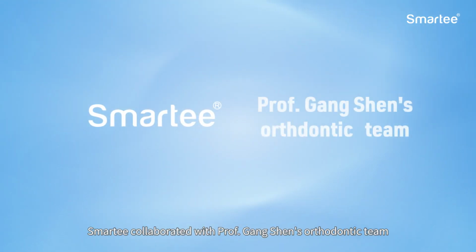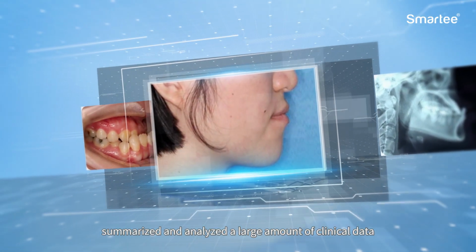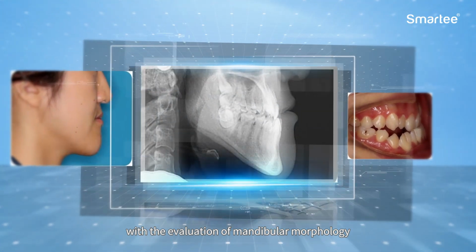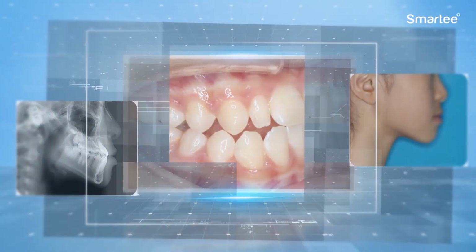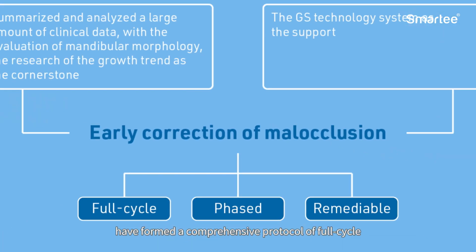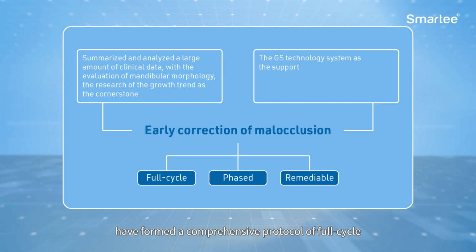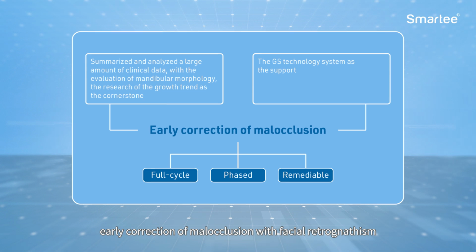SMART-T collaborated with Professor Gang Shen's orthodontic team, summarized and analyzed a large amount of clinical data, with the evaluation of mandibular morphology and the research of the growth trend as the cornerstone, and the GS technology system as the support, and formed a comprehensive protocol of full-cycle, phased and remediable early correction of malocclusion with facial retrognatism.